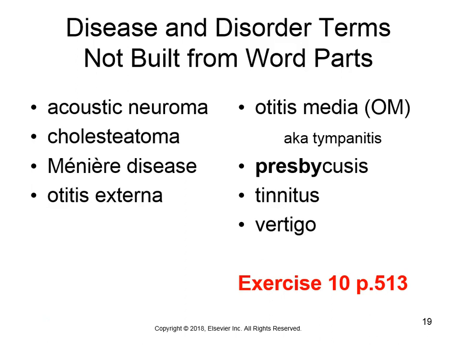Cholesteatoma, mouthful, but if we remember, this would be a tumor of cholesterol. Usually this is associated with middle ear problems, and it starts to grow inside the middle ear.